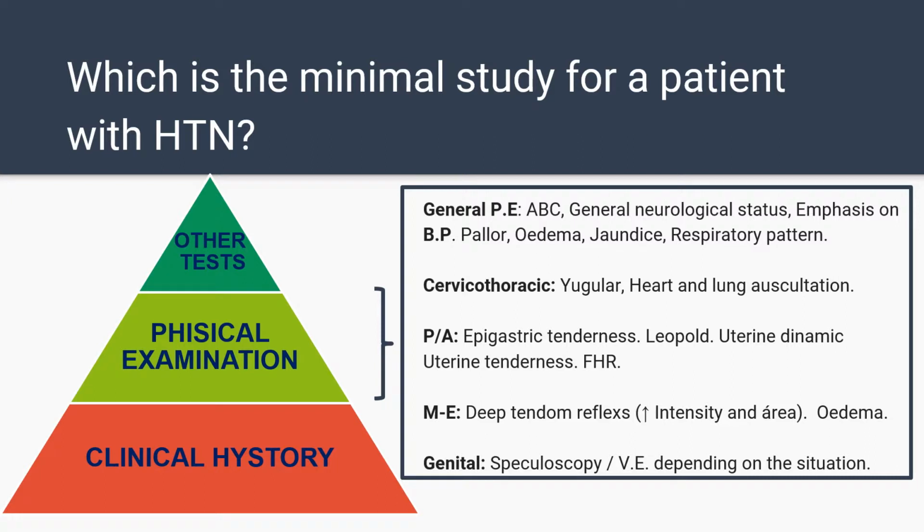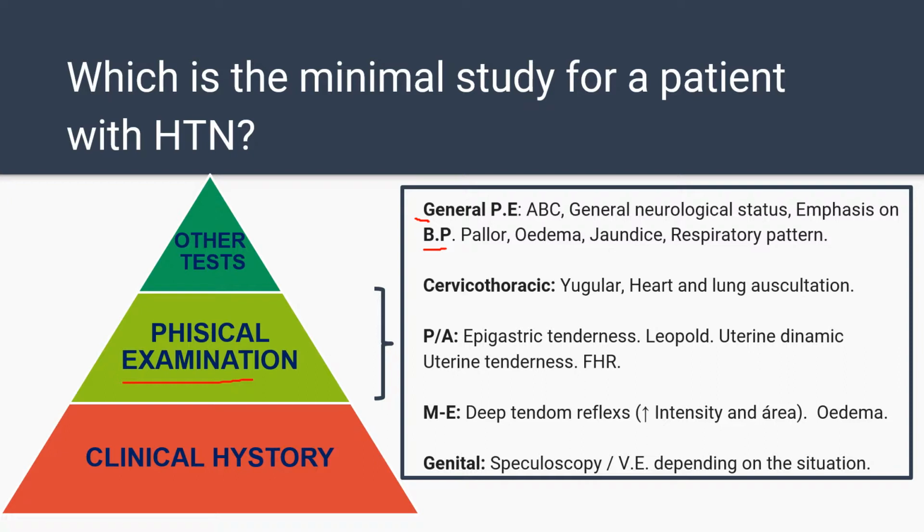So in the correct order, after performing a perfect clinical history, we have to make a perfect physical examination. This exam also has to be ordered, starting with the general physical examination with the ABC, checking if the airway is permeable, if the patient is breathing, the pulse, the circulation, the general neurological status, emphasizing especially the blood pressure, to check if there is pallor, edema, jaundice, respiratory pattern.